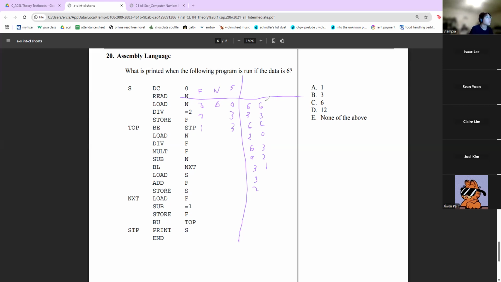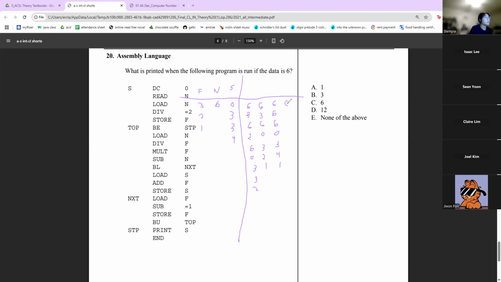Where do I feel like I'm doing this wrong? Okay, we're gonna load N, divide by F, which is 1, so that just stays at 6. Multiply by F, give us 6 again. Subtract N to give us 0. It's not less than 0, so we're gonna load S, add F, store this in S, then load F, and then go back up to the top, where we skip B because it's not equal to 0.